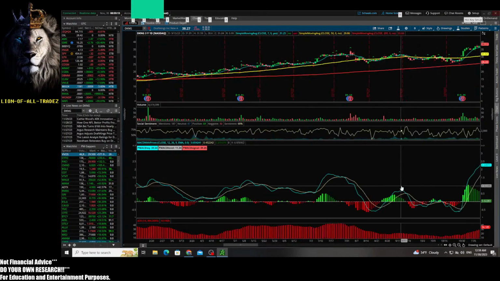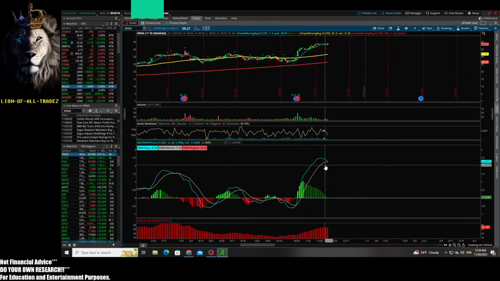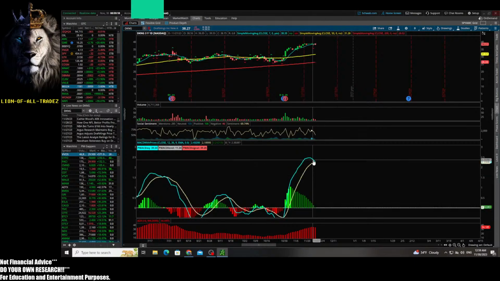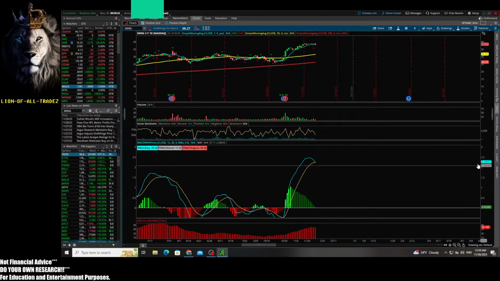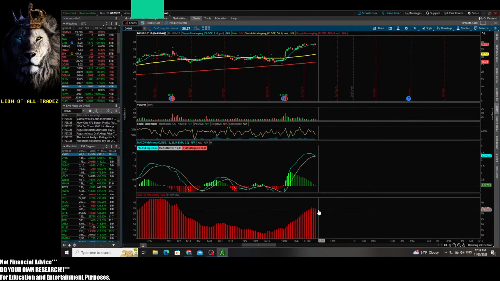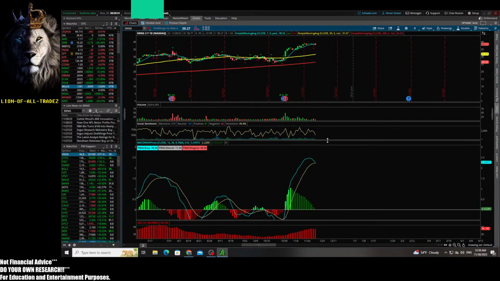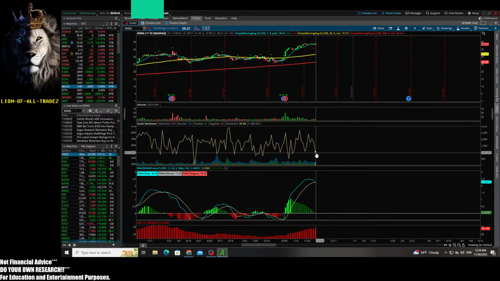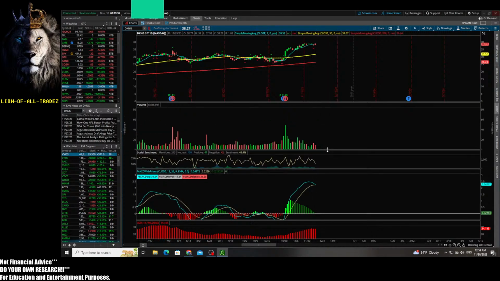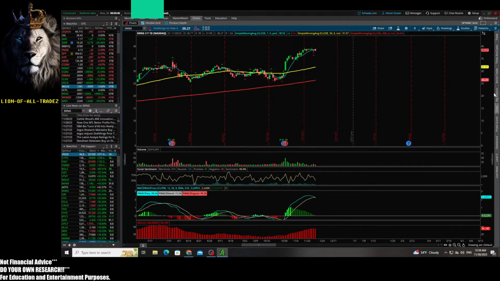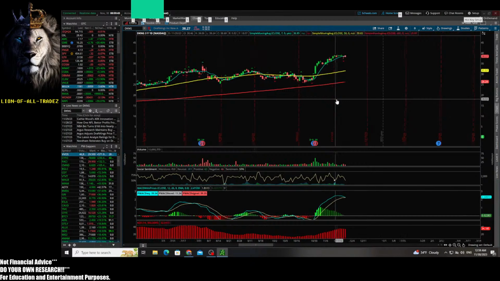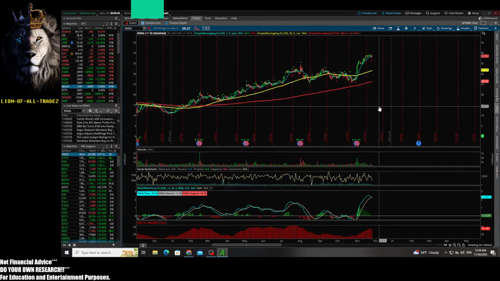Look at that. MACD about to cross down to the ground. Even the ADX is starting to slowly come down. The social sentiment is even dropping too as well. Volume. I'm going to talk about that later on.